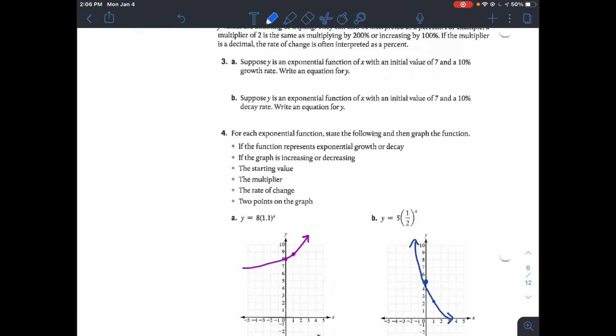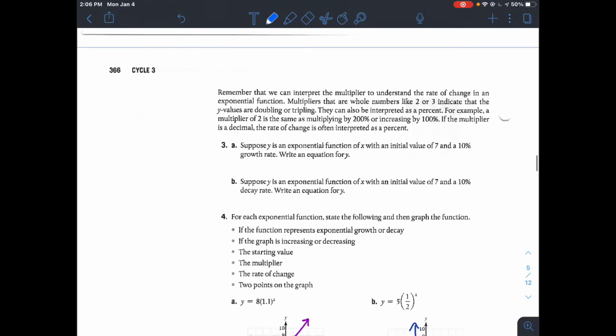Moving on to number 3. Remember that we can interpret the multiplier to understand the rate of change in an exponential function. So multiplier is just the rate of change. Multipliers that are whole numbers like 2 or 3 indicate that the y value is doubling or tripling.